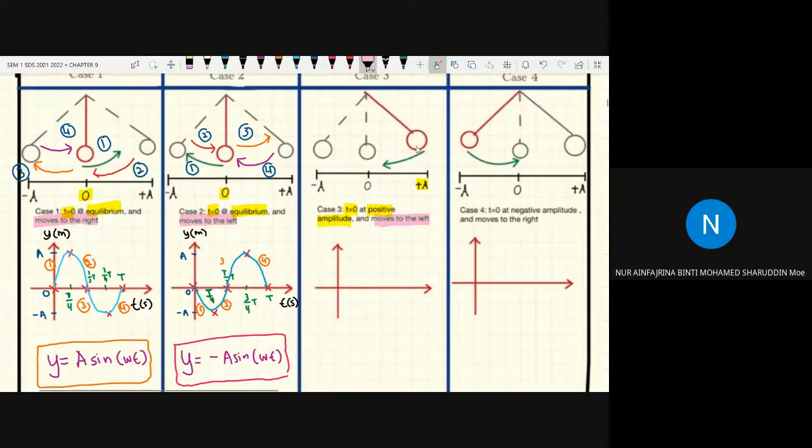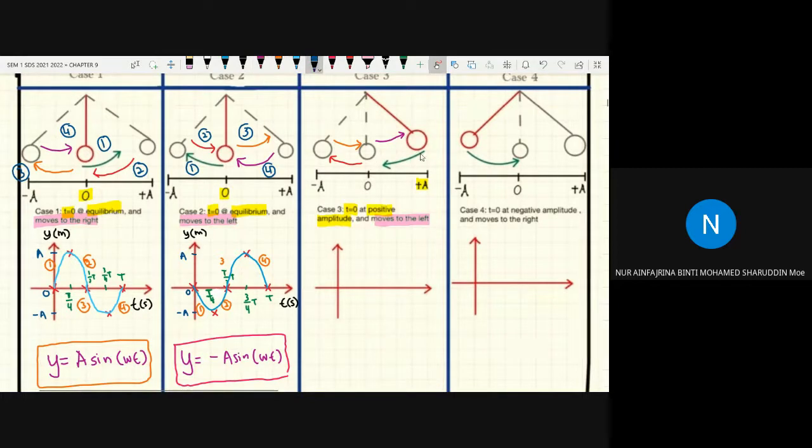So, you see? First like this, from positive amplitude to equilibrium. And from equilibrium it goes to negative amplitude. From negative amplitude, it returns to equilibrium.